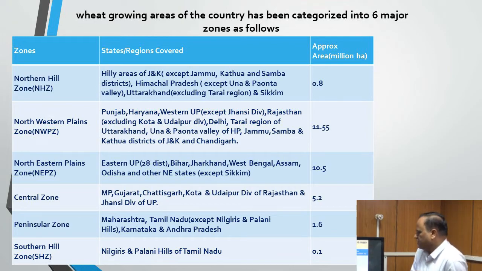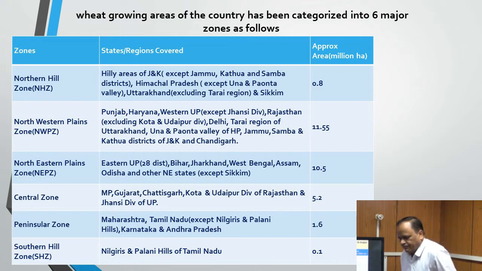This zone comprises Punjab, Haryana, parts of Rajasthan, Terai region of Uttarakhand and western Uttar Pradesh, parts of Himachal Pradesh, parts of Jammu Kashmir and Chandigarh.